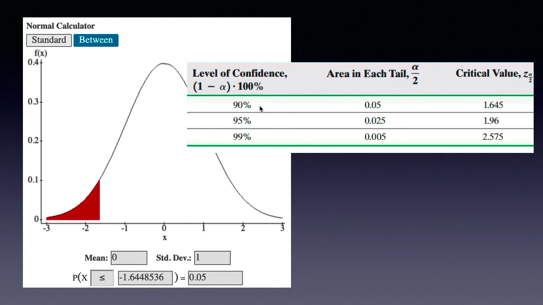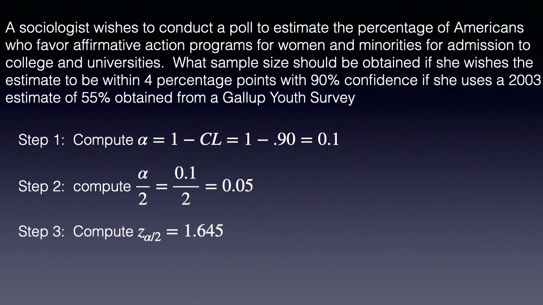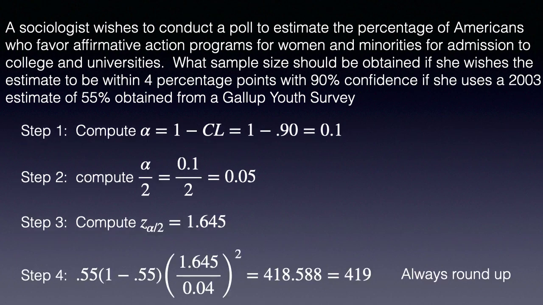Or notice here at 90%, you could have just automatically used this without doing these 3 computations. You could have skipped that altogether and gone straight to this one right here. But if you don't have one of those 3, then you have to do those previous 3 steps. I just wanted to point that out. Again, watch the StatCrunch video because you don't have to do all of this.